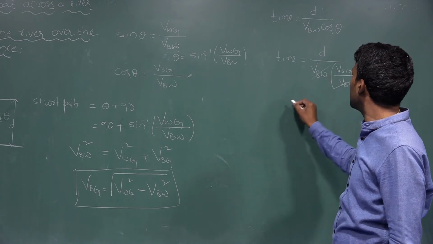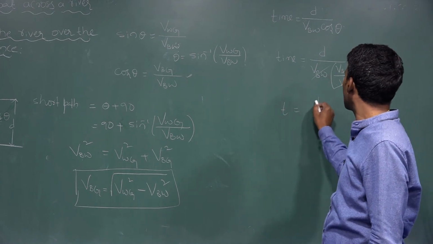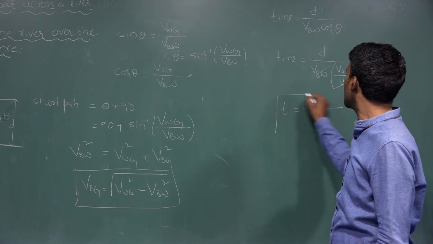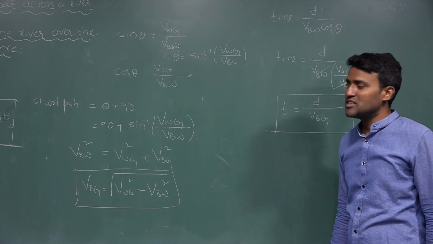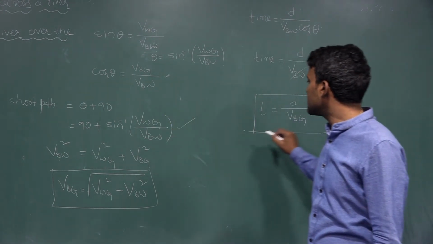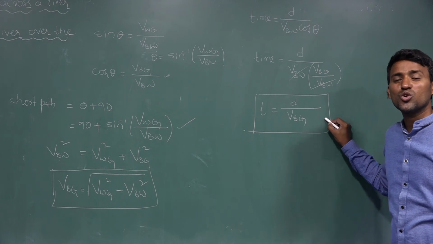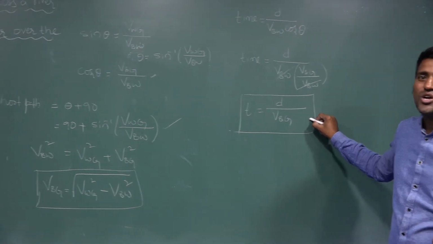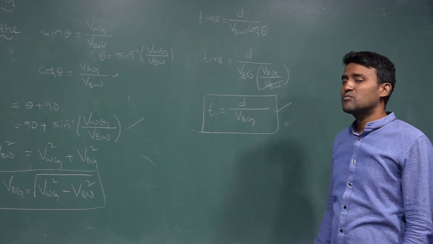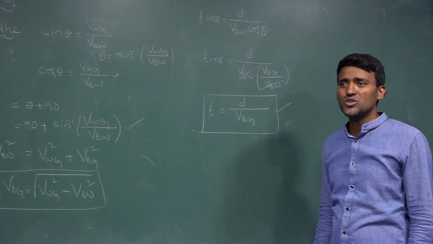Here VBW gets cancelled. Time is equal to distance divided by VBG, and it is the shortest path making an angle. It is nothing but the time taken by the boat to cross the river. T is equal to D divided by the velocity of the boat with respect to ground.